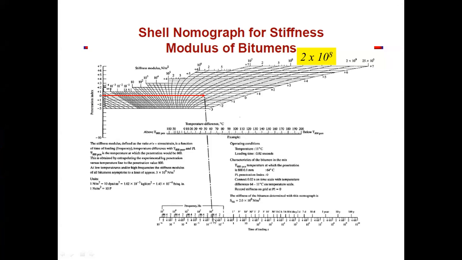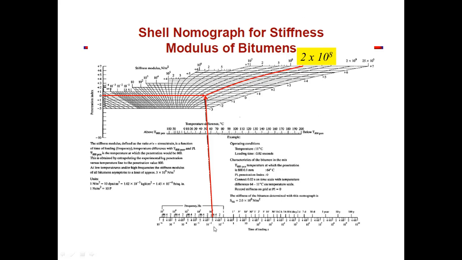You connect this time of loading and proceed like this. And here we have the penetration index that we have calculated. Once you project this line, it will meet at some line, and in order to know this value, we go parallel to this line. So our stiffness is 2 times 10 to the power 8.